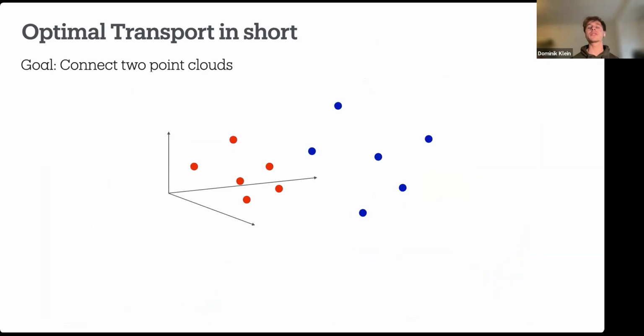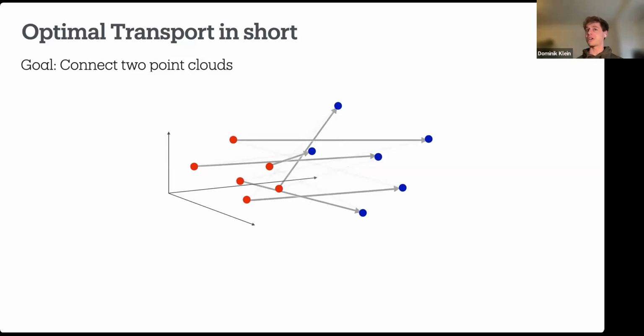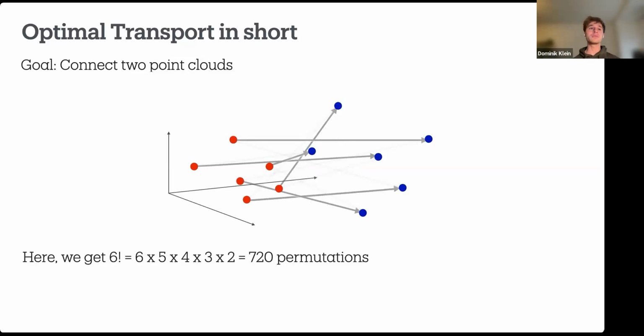And therefore, let's consider 2 sets of data points, can be cells. One is the source distribution in red, one is the target distribution. And we could now guess and try different matchings. So these are just 2 random ones, but we will get very many. We don't want to walk through all of them now.